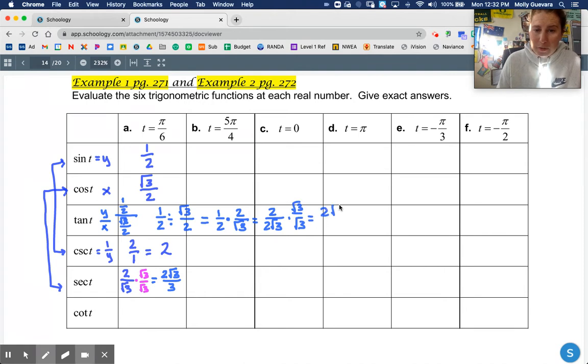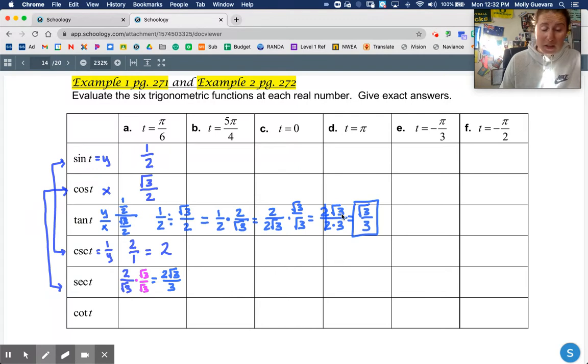I get 2 root 3 over 2 times 3. The 2's cancel, and I just get root 3 over 3. Whew, that's a lot of work, right? So the tangent of pi over 6 is root 3 over 3.